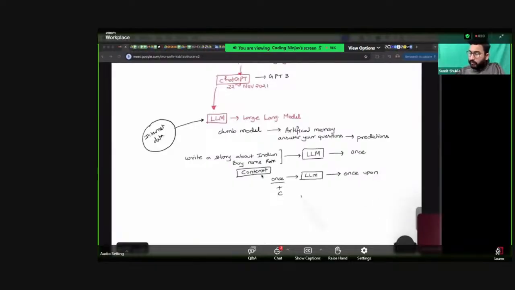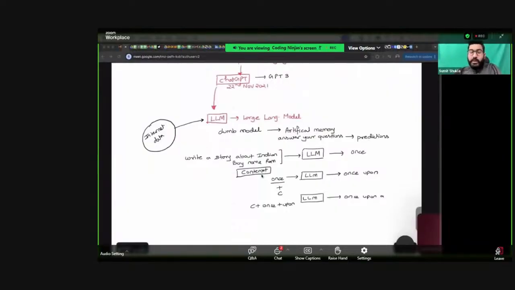Then I will again provide the LLM with the context, the first word, the second word, and it will generate the third word: once, then upon, then a. And this is how it will keep on generating until it has generated a semantic sentence, a sentence which actually makes some sense. So that is what initially these LLMs were doing.